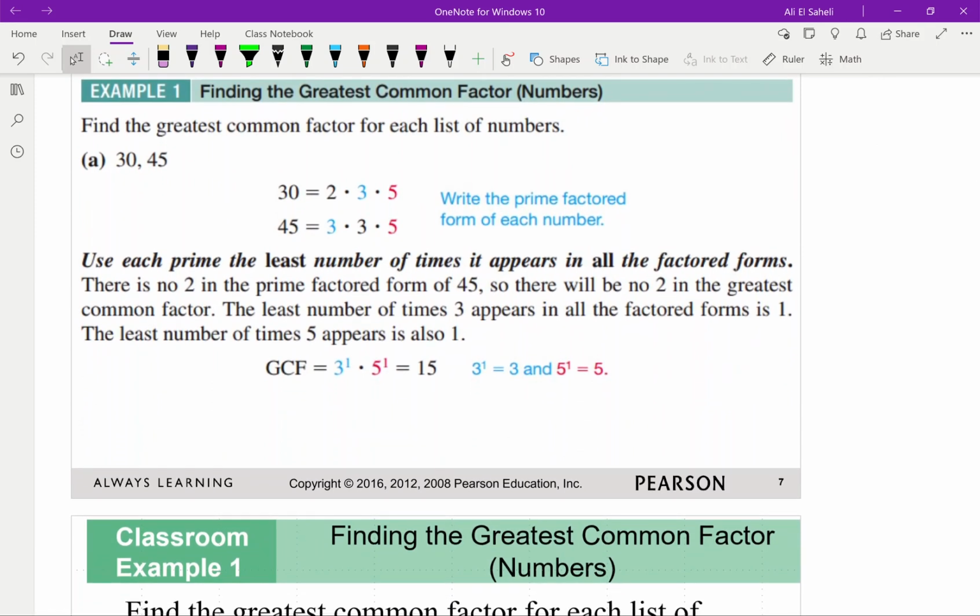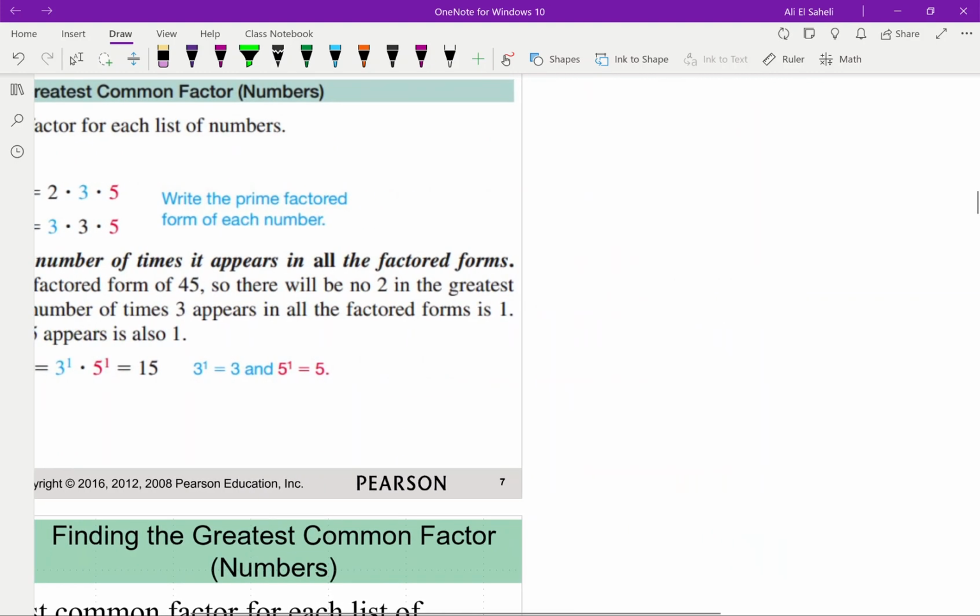All right. Find the greatest common factor of 30 and 45. We start with 30. This is an easy way to factor numbers. 30 is an even number, so it's 2 times 15.